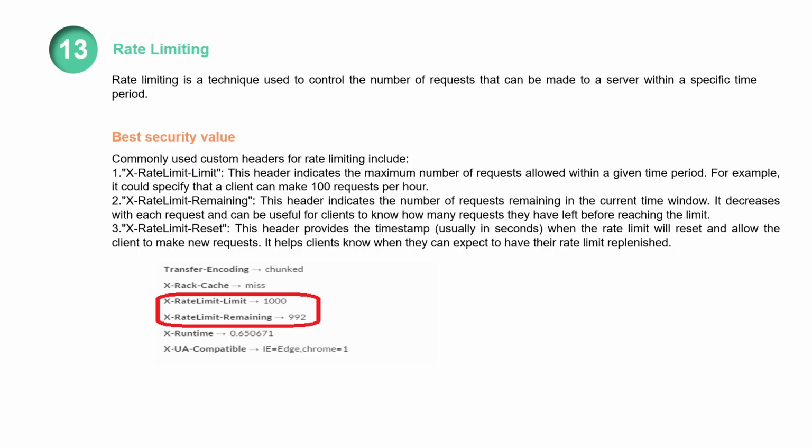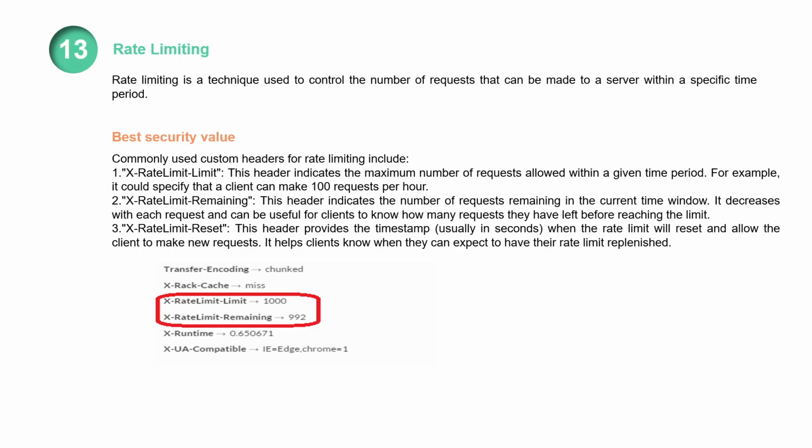The 13th is rate limiting. This header allows only a specific number of requests in a specific amount of time. Rate limiting can be set according to the IP or user or according to time frame. It totally depends on the use case.